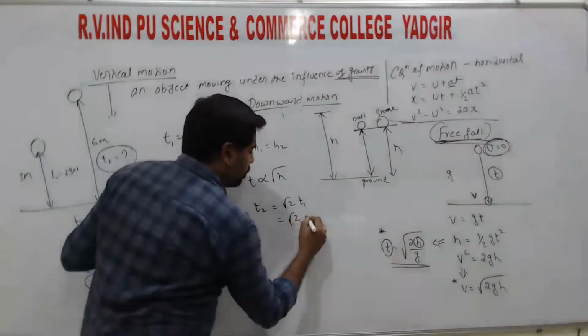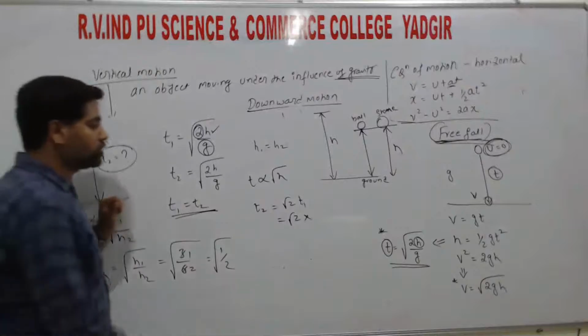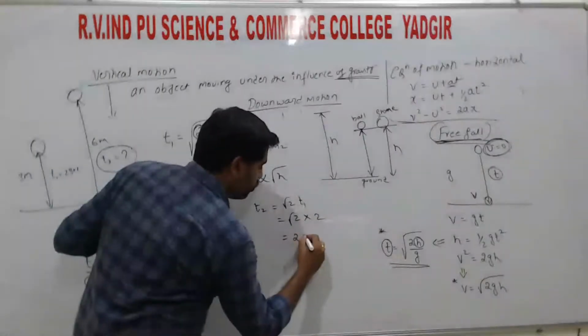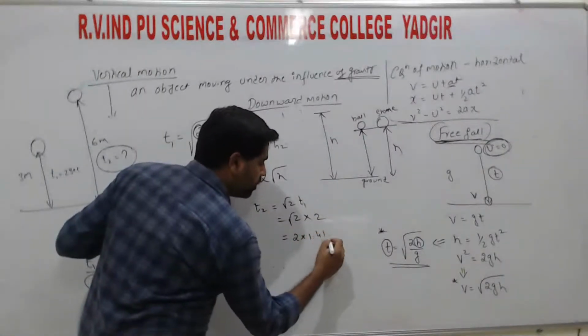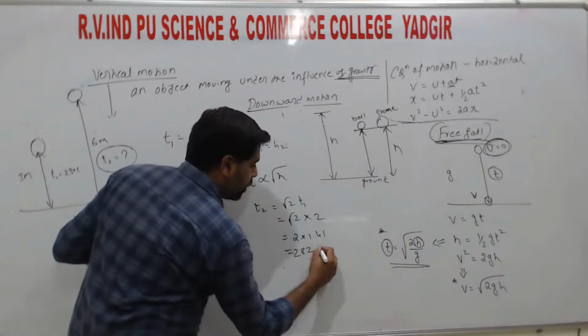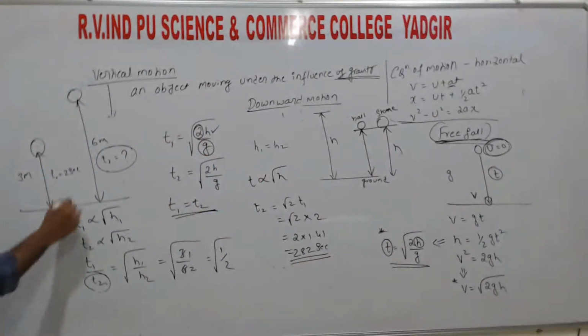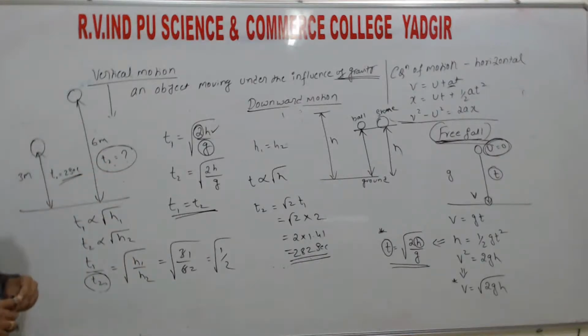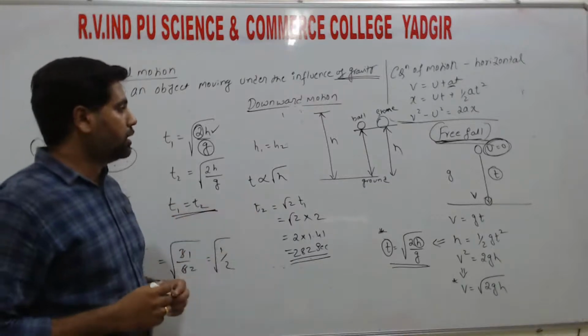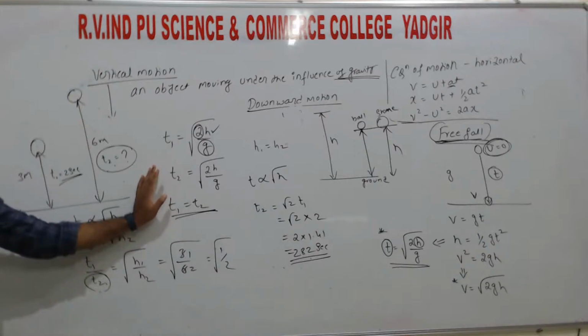The time for the first object is 2 seconds, so 2 into the root 2 value, 1.41, it takes 2.82 seconds. So if the object takes 2 seconds to reach here, then t2 is 2.82 seconds. Like this we get problems in competitive exams, right?